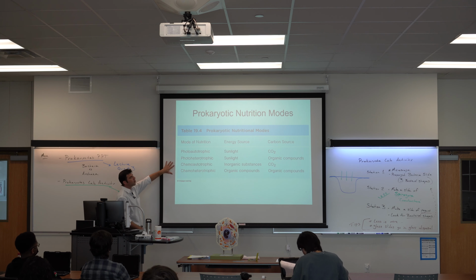Now let's look a little bit more quickly at the other 3 types of ways in which prokaryotic cells can get their nutrients and their energy from the environment. The second one that we'll look at is photoheterotrophic. The photo part is the fact that they're getting their energy from the sunlight, but the heterotrophic part means that their carbon source is not just a free carbon source that's pulled from the environment.